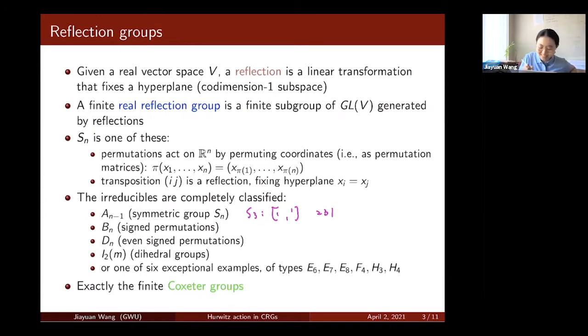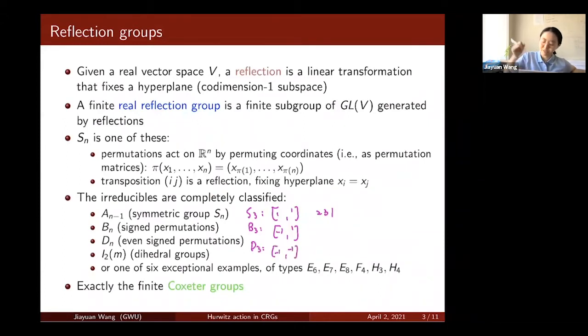Also we have the signed permutations as one of the irreducibles. What this means is that we can change any number of the ones to -1. So then, for example, this will be one element in B3. And also we have the even-signed permutations, which means we can change any even number of ones to -1. So maybe this one.